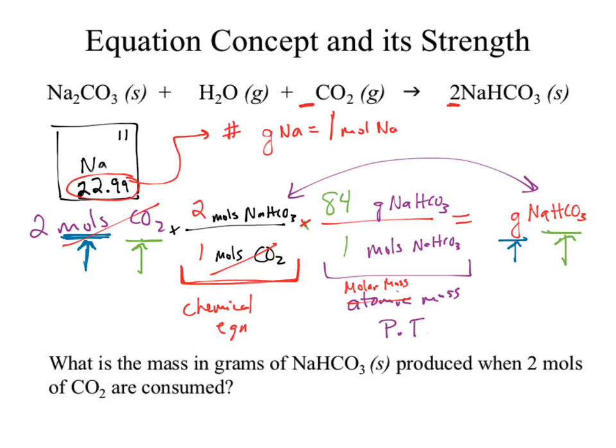So, and we again need to be careful on this. The next statement was, I don't need to multiply the 84. The conversion factor between 84 grams of sodium hydrogen carbonate and 1 mole of sodium hydrogen carbonate, you do not touch because that is a valid conversion factor. Does the number 84 need to be multiplied by 2?